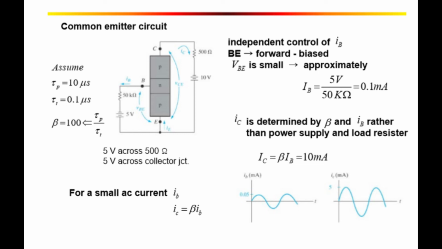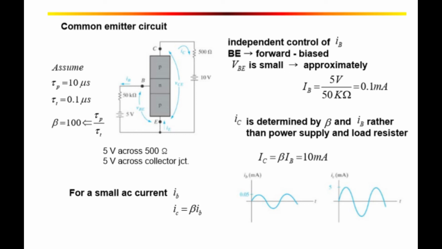Many individual holes can enter or leave the base region, each with an average transit time tau t. In particular, for each electron entering from the base contact, tau p over tau t is the number of holes that can pass from emitter to collector while maintaining space charge neutrality.